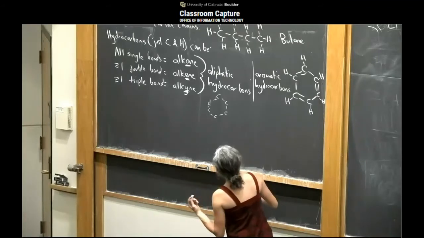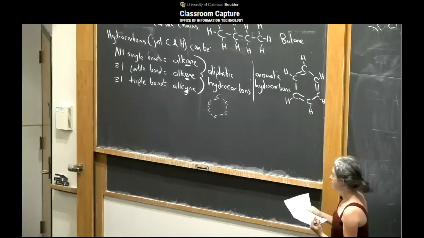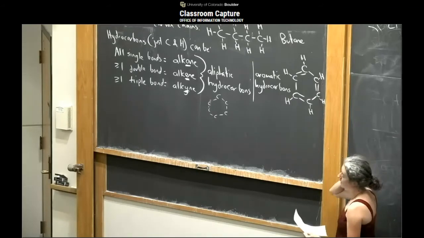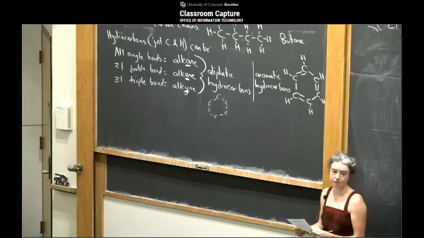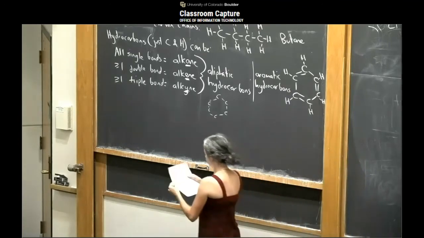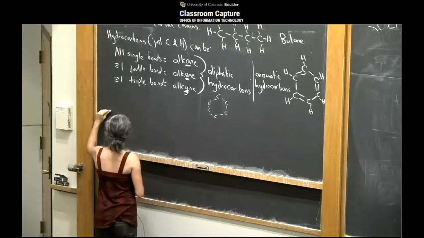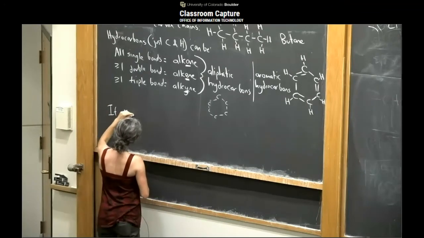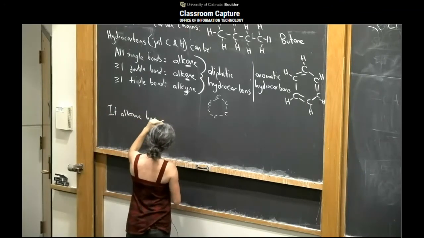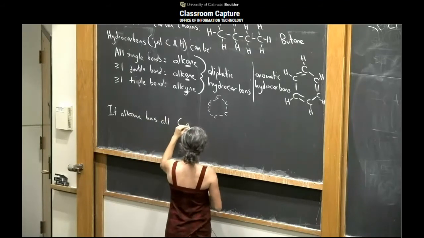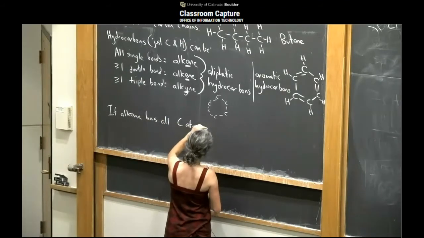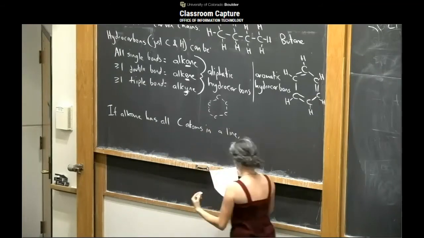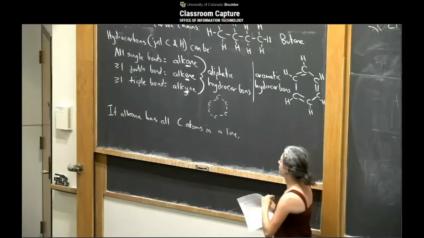So we're going to look at a few things in this chapter, and the first thing is how to actually name or describe which molecule that we have from the alkane series. So if the alkane has all the carbon atoms in a continuous line, it's called a normal or an N-alkane.